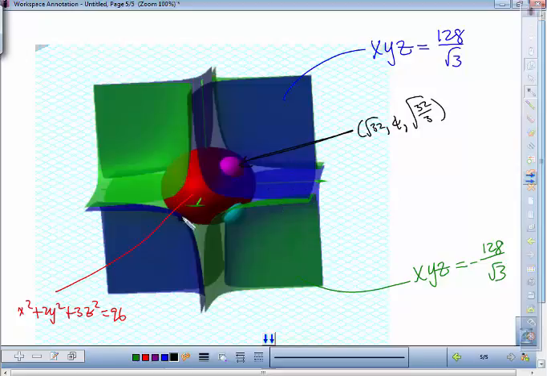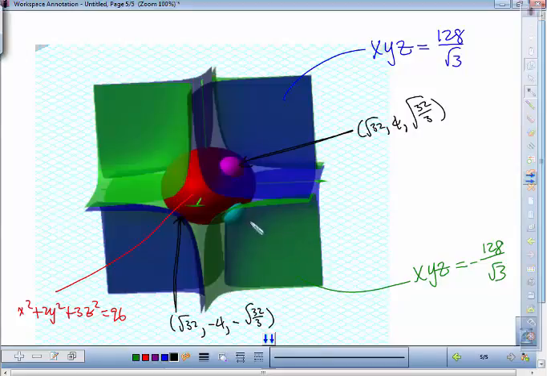There will be another one over here as long as we're tangent to the blue graph we're looking at. It looks like x is still positive, square root of 32, y is negative, negative 4, and z is negative, negative root 32 over 3. So here's another point where we've achieved the maximum.